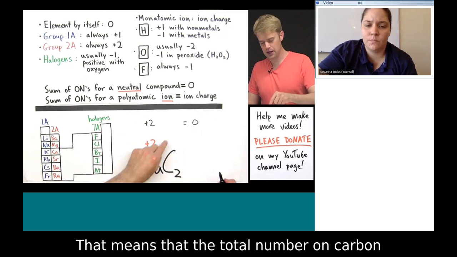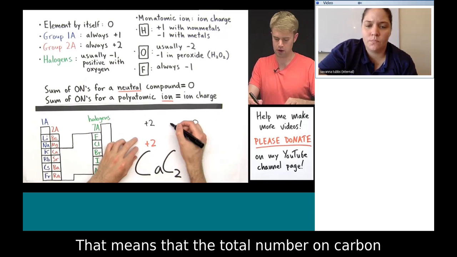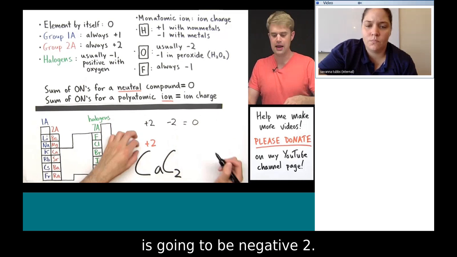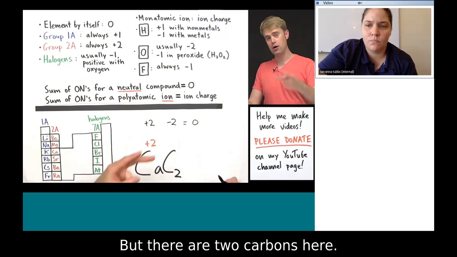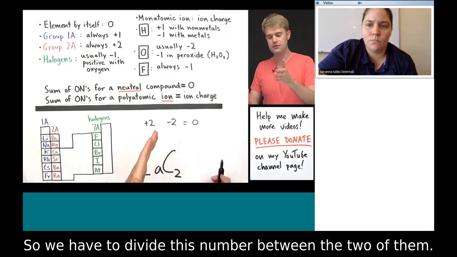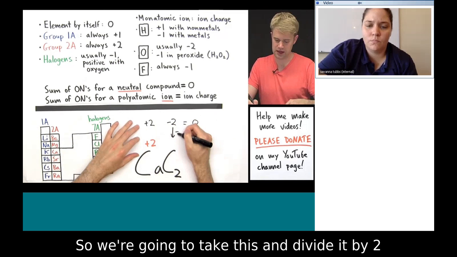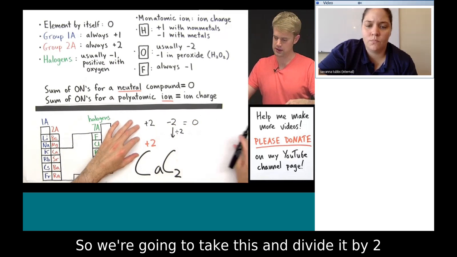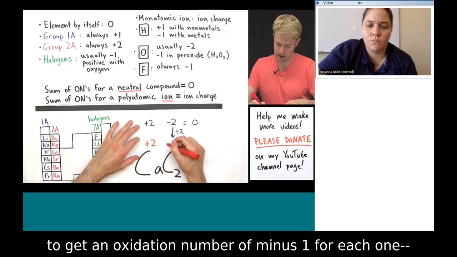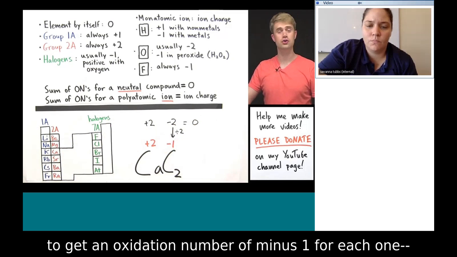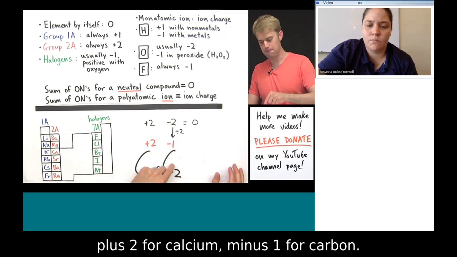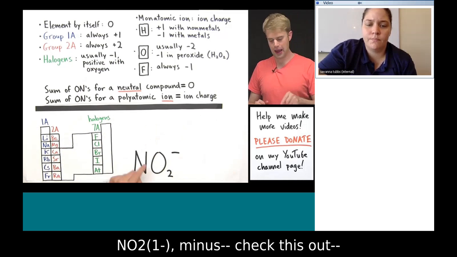That means that the total number on carbon is going to be -2. But there are 2 carbons here. So we have to divide this number between the 2 of them. So we're going to take this and divide it by 2 to get an oxidation number of -1 for each one. +2 for calcium, -1 for carbon.